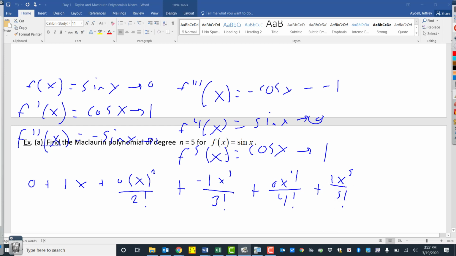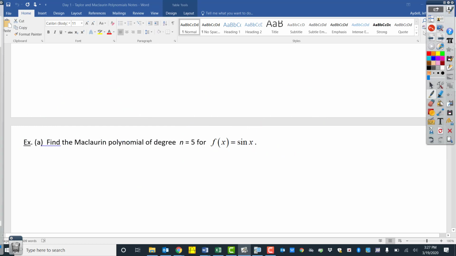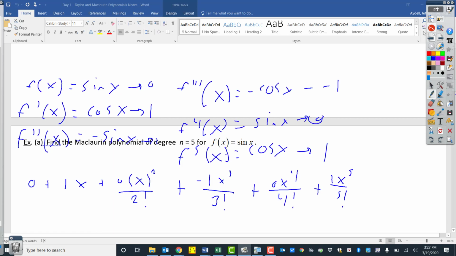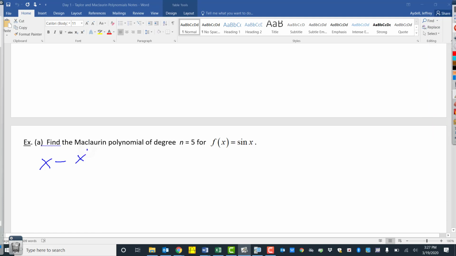Now, after simplifying all of this down, what we end up getting... Whoops. I think I went too many, but that's okay. Oh, there we go. All right, what we end up getting is that series that we started with when we first looked at the calculator. x minus x cubed over 3 factorial, which was 6, plus x to the fifth over 5 factorial, which is 120.